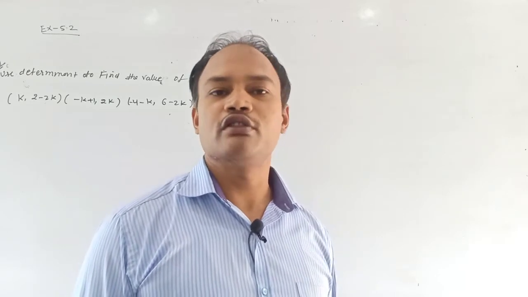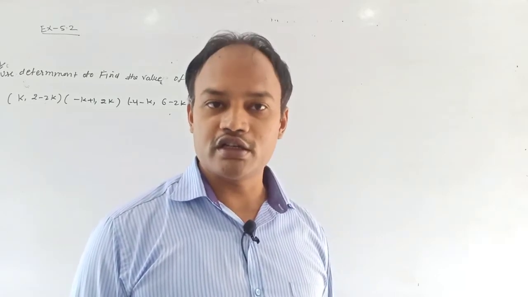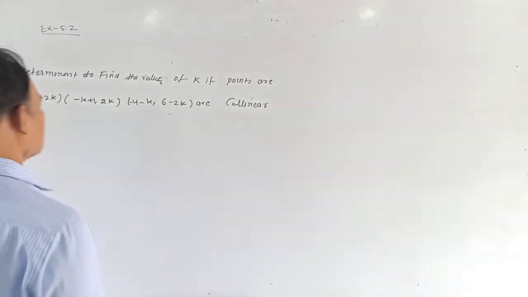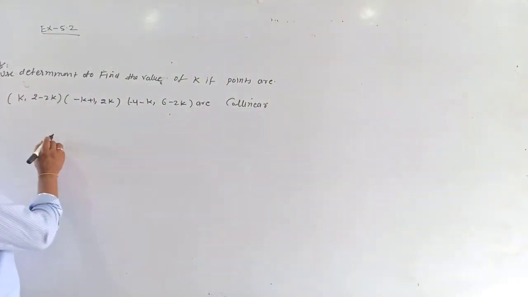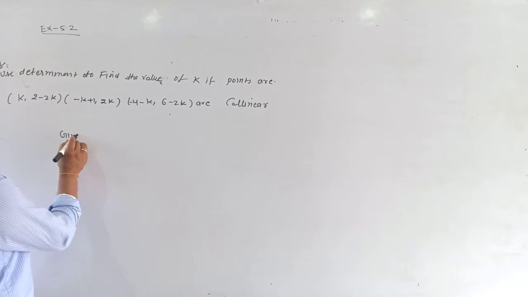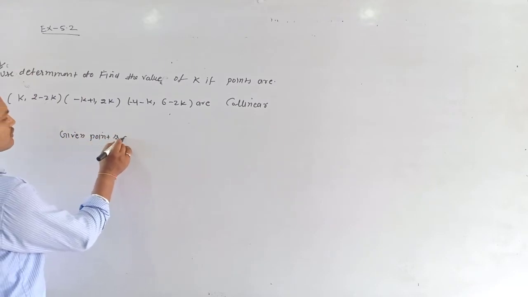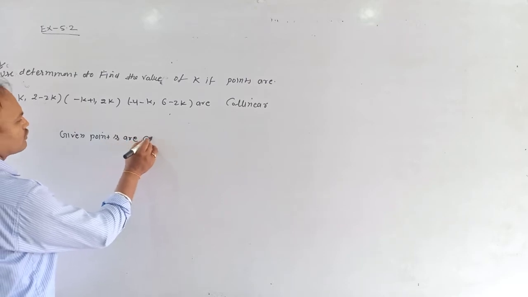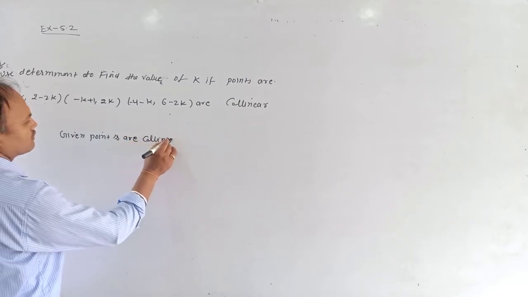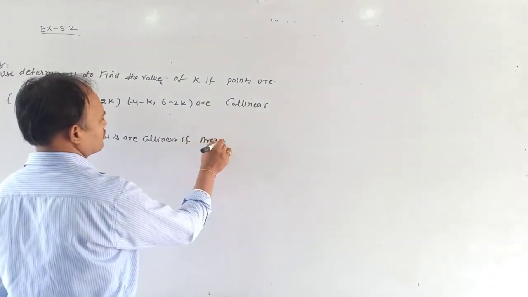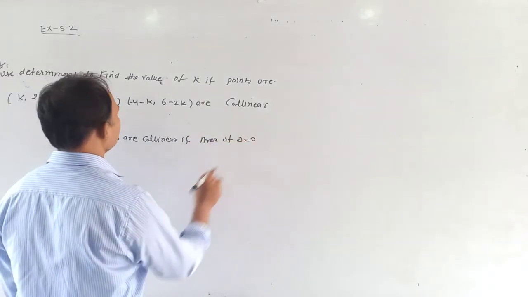Okay, so students, this is the question, and you know very well if there is collinearity, then we have to find the value of determinant. If collinearity, then area of triangle is 0. So given points are collinear if area of triangle equals 0.